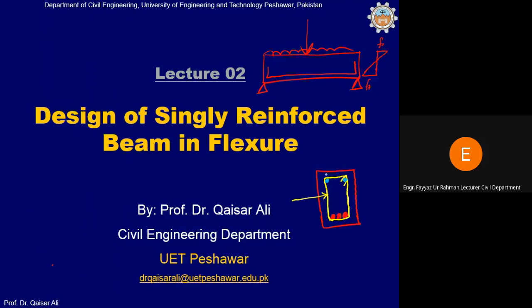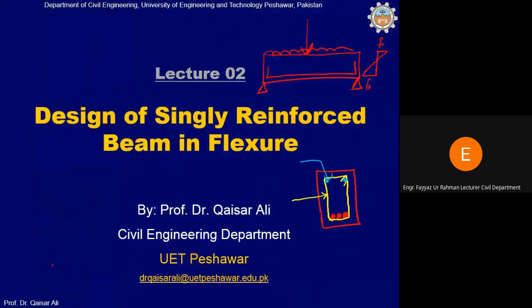These bars are not coming from the analysis, they are not calculated from the analysis of the reinforced concrete beam, but they are just provided to hold these stirrups. So this is a typical singly reinforced concrete section of a simply supported beam.